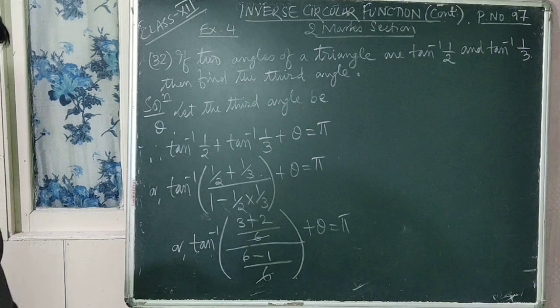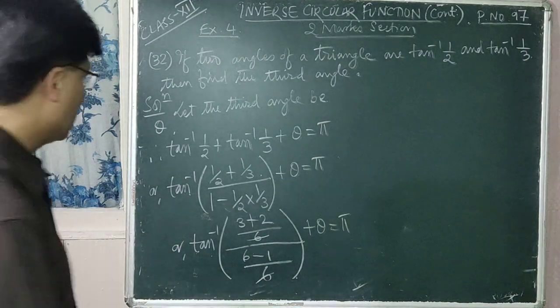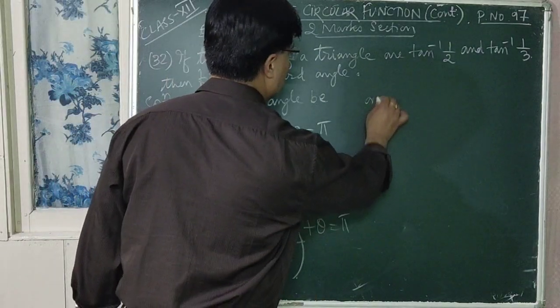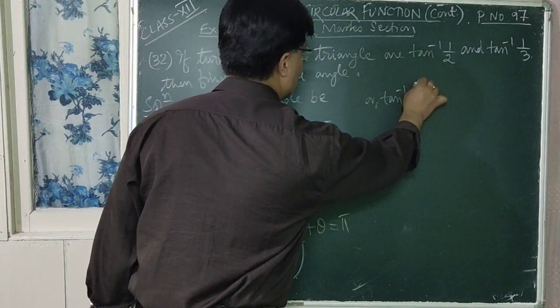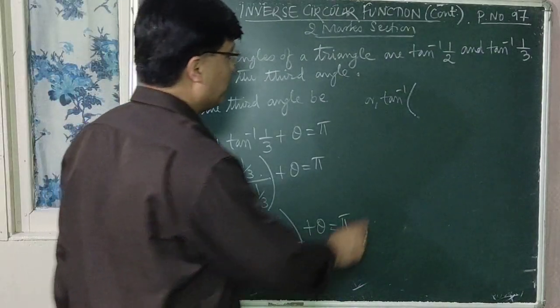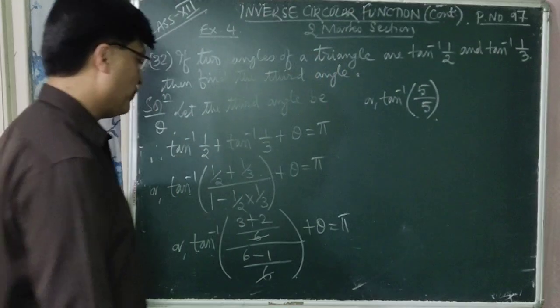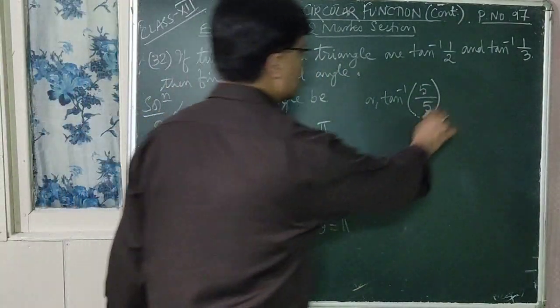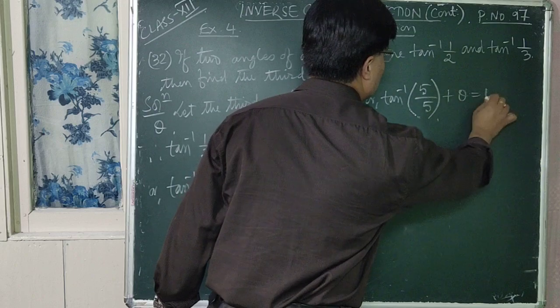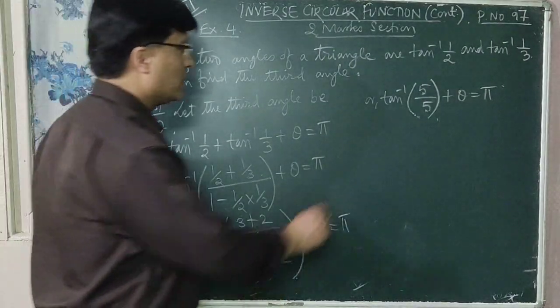Is that clear now? Let us simplify it again. Tan inverse of 3 plus 2, that is 5, divided by 6 minus 1, which is also 5, plus theta is equal to pi, in terms of radian.